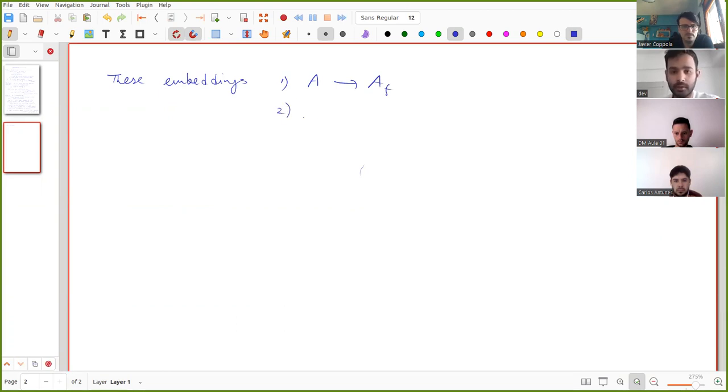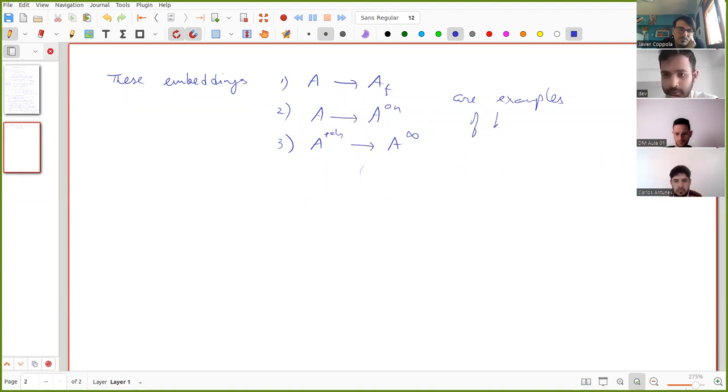And in the second case, it was the analytification. And in the third case, it was some polynomial type algebra inside some smooth algebra. These are examples of the title of my talk, which is Homotopy epimorphisms.